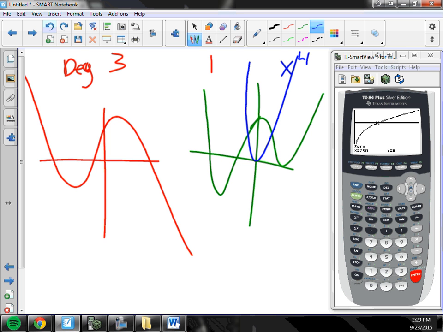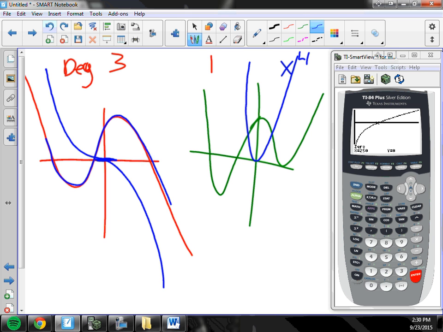Also, an x to the 3rd doesn't have to have this shape to it. It can actually just come down and sort of level off and then go like that. It doesn't have to actually change directions. Whenever that happens, this is called a saddle point, and that saddle point is actually not increasing or decreasing, it's flat. So if you're driving in a car, it would be decreasing, decreasing, decreasing, and then flat, and then decreasing, decreasing, decreasing.